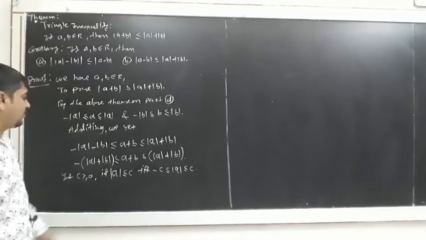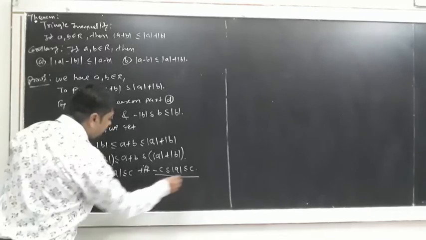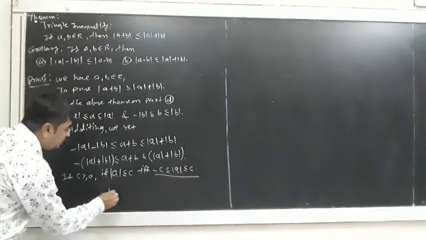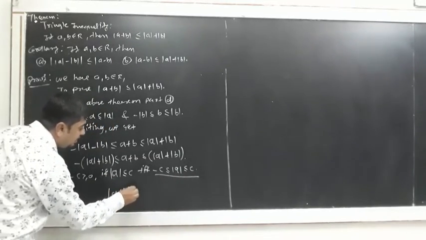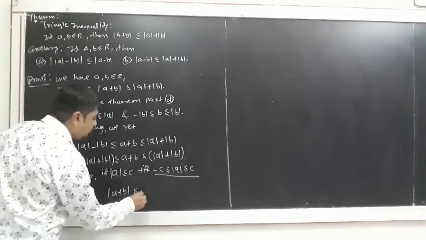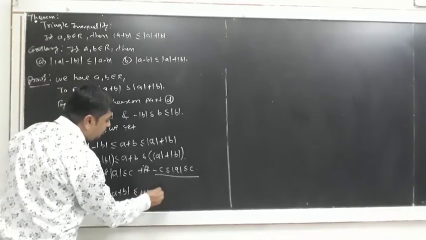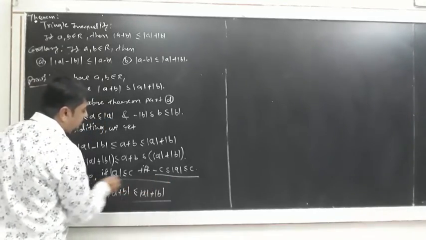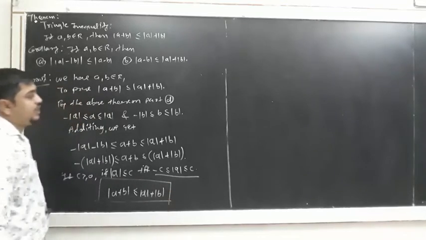So using this, we get |a + b| is less than or equal to |a| + |b|, and this inequality is called the triangle inequality.